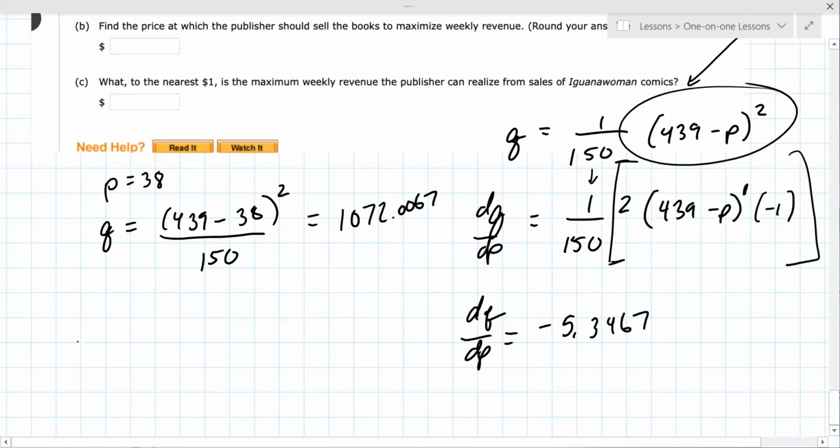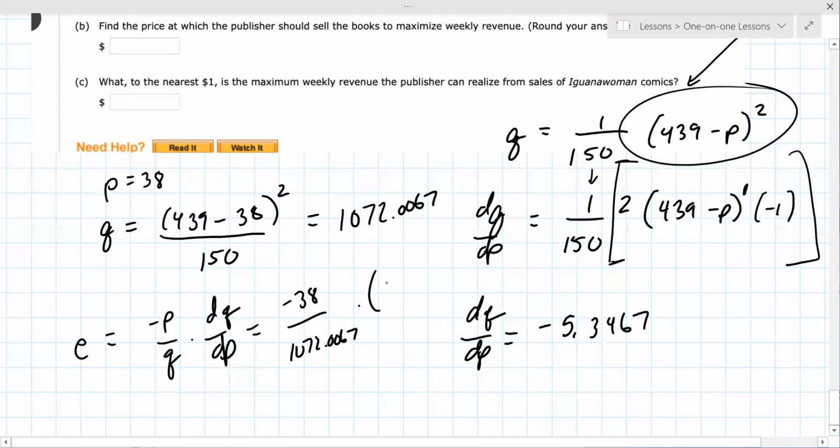Okay, so then elasticity is minus p over q times dq/dp. So we're just taking these numbers we just found, minus 38 over 1072.0067 times the minus 5.3467.